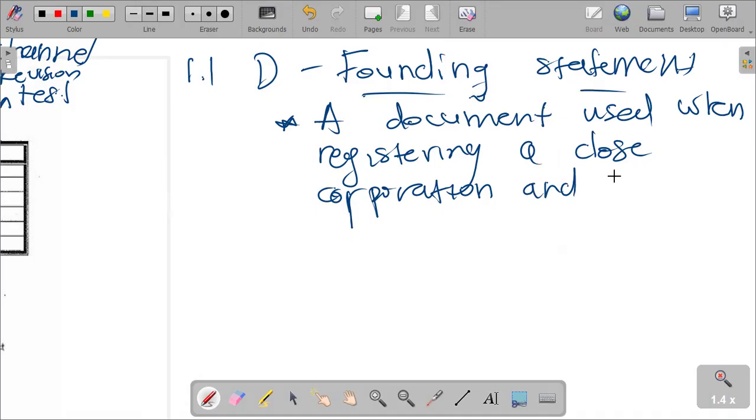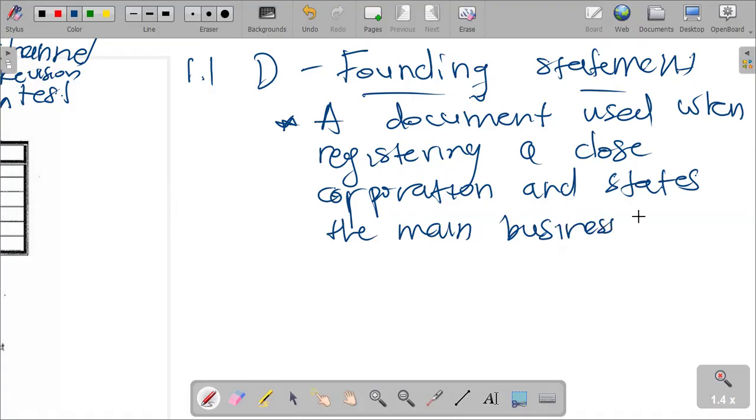And what does it also do? It also states the main business activity.